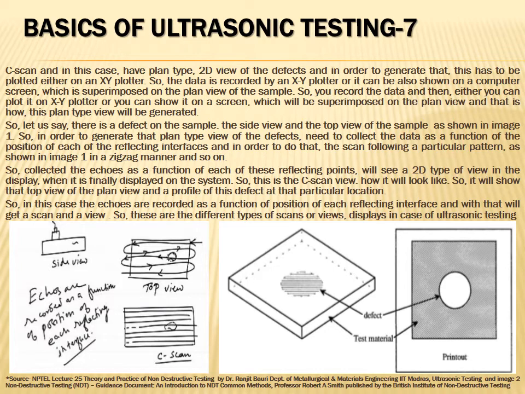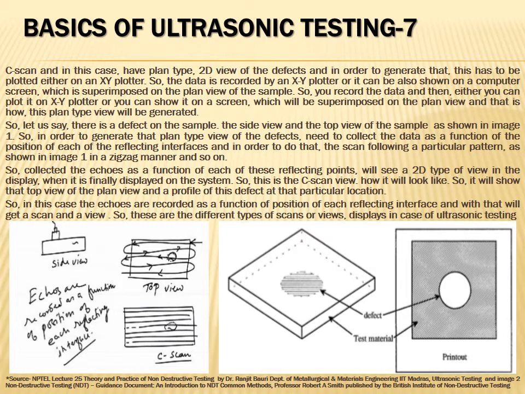But in order to create that particular view, the data has to be recorded as a function of each reflecting interface. Unlike the previous cases, where you simply send the ultrasonic wave and get an echo from the defect or from the other surface, in this case you need to collect the echo as a function of the position of the reflecting interface.